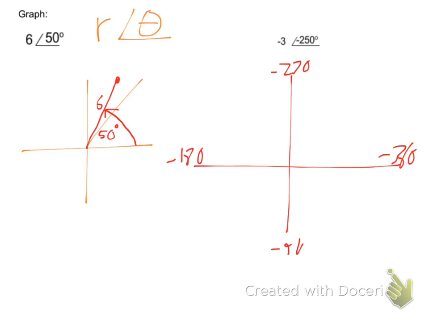Now, here's the thing. I am going to turn to about here. Give or take, it's about 250. Okay? But I'm looking in that direction. But am I going to go in that direction?